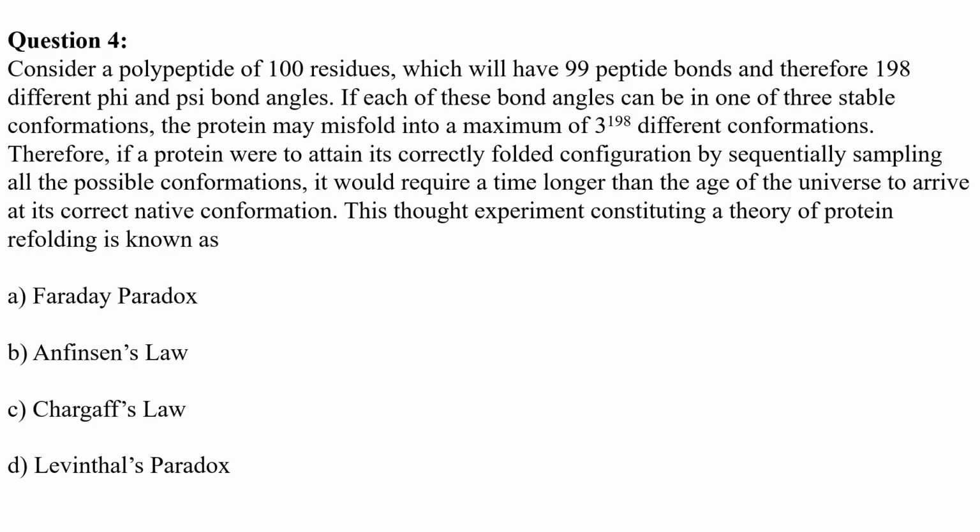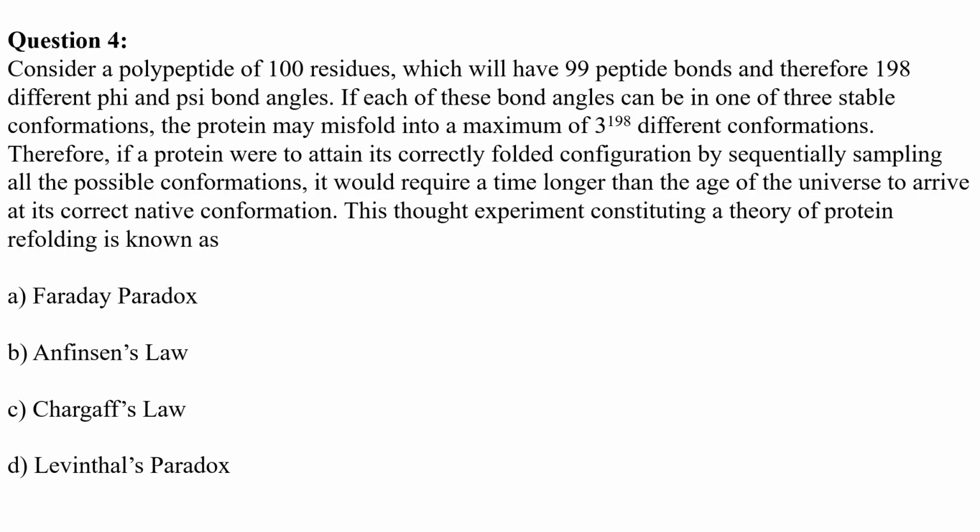Each bond has 2 angles, basically phi and psi angles. So if I have 99 peptide bonds, I will have 198 different phi psi bond angles, and all these bond angles, let's say, can have 3 stable conformations. So we will have 3 raised to the power of 198, like 3 into 3 into 3 into 3 up to 198 times, right?